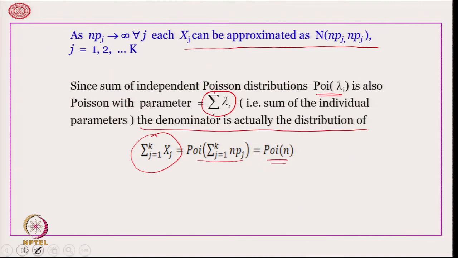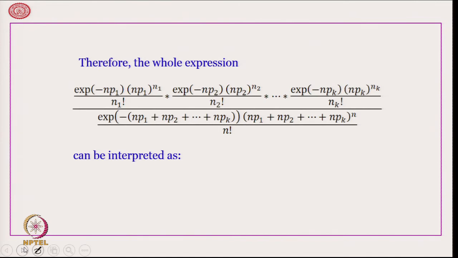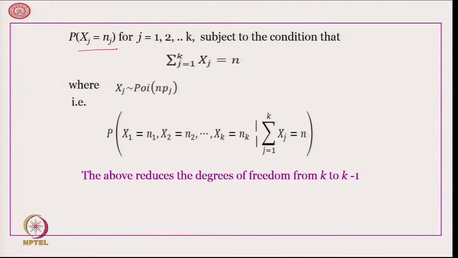Therefore, the entire expression can be interpreted as the probability that xj is equal to nj for j equal to 1 to k, subject to the condition that sigma xj is equal to n, because the sum of total observations has to be n, where xj is Poisson with npj.